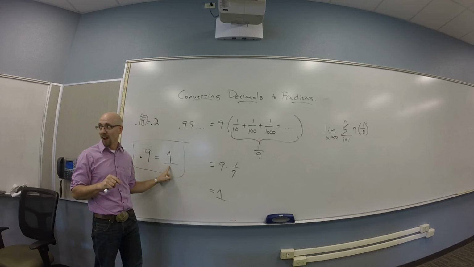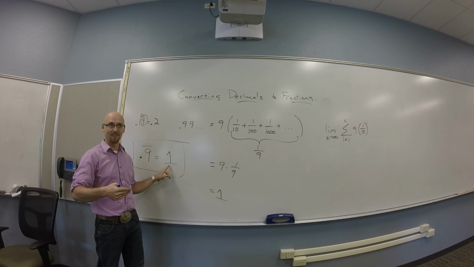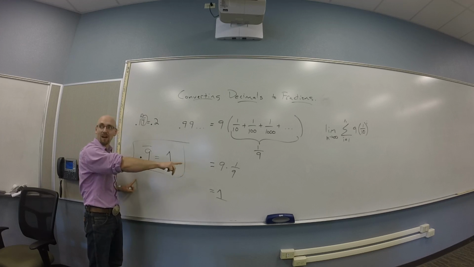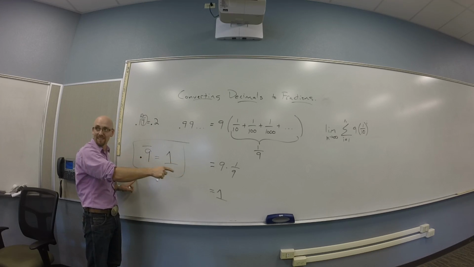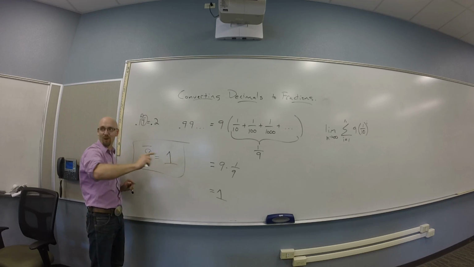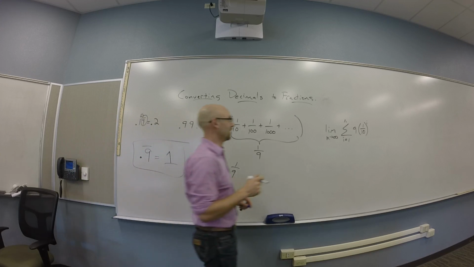If you truncate at any point, then it's not actually 1. If you just do 0.9 and then write 1,000 nines, that's not 1. That's a little bit smaller. This is the thing that's all nines the whole way down. Guys cool with that?